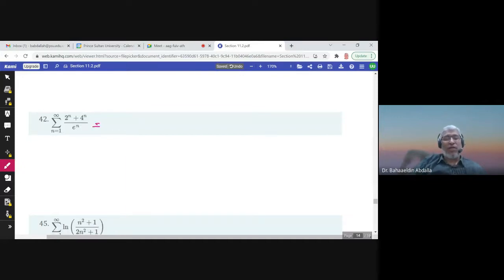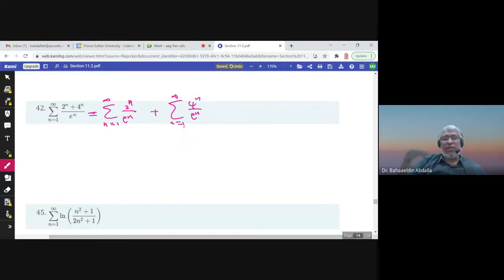Well, here I can write it as a sum of two series. The first one is 2^n over e^n, and the second one is 4 to the power n over e to the power n. I can see that the second series can be written as summation of 4 over e times 4 over e to the power n minus 1.